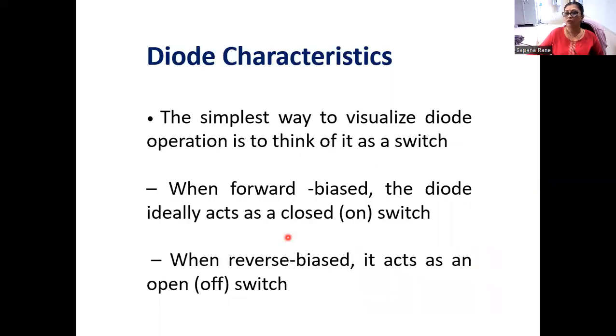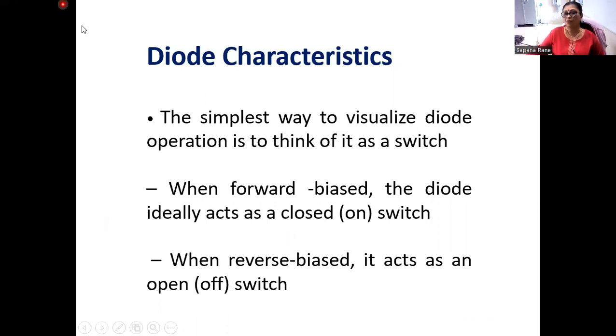Now, let us go to the next part of our study, which is nothing but the current voltage characteristics of a diode. A characteristic is nothing but a graph of current versus voltage. So here we are going to draw the graph of current versus voltage, both in forward bias as well as in reverse bias.